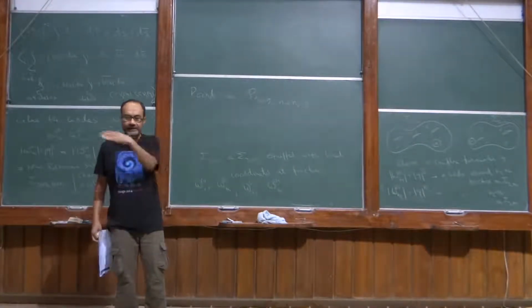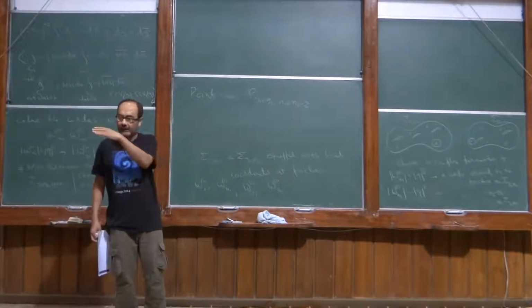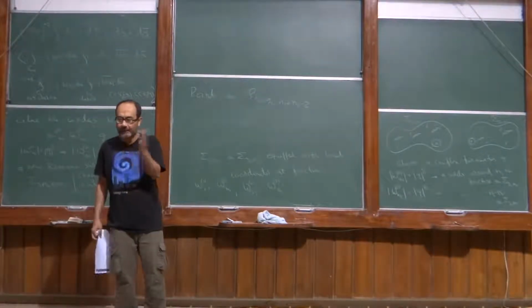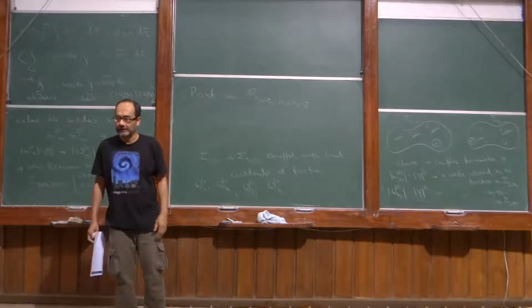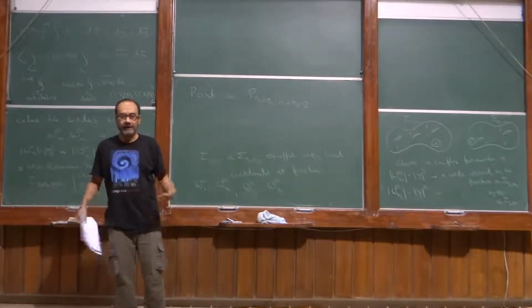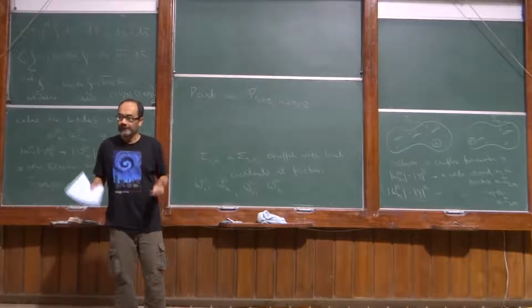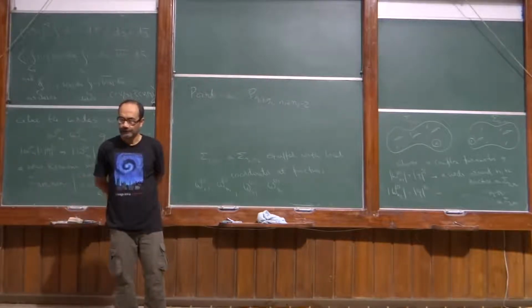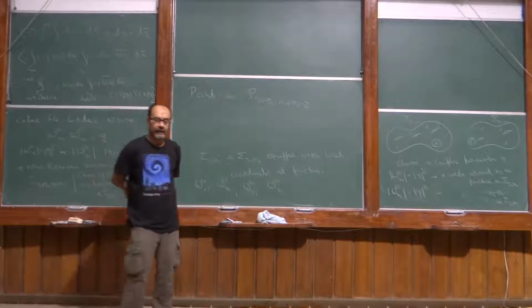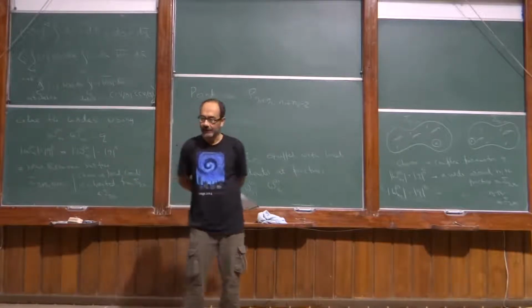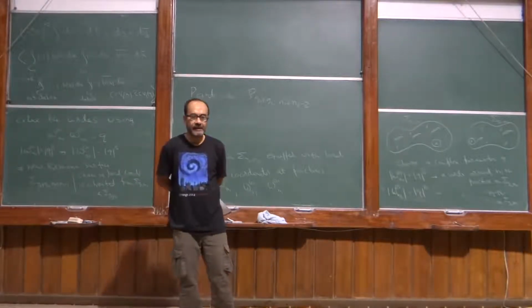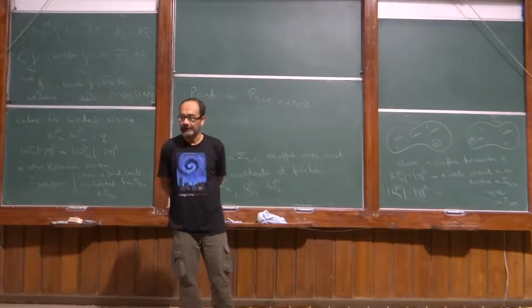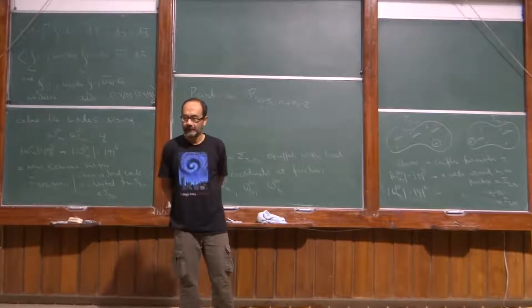Because the original sections were subspaces in Pg1 n1 and Pg2 n2, there are some parameters which label those subspaces. Now we have arrived at a subspace of Pg1 plus g2 n1 plus n2 minus 2. And one can now ask, is it a section? At least locally, does this subspace describe a section? Which means, does it have the dimension that is required for it to be a section? That's the enough number of parameters for this subspace to be a section.